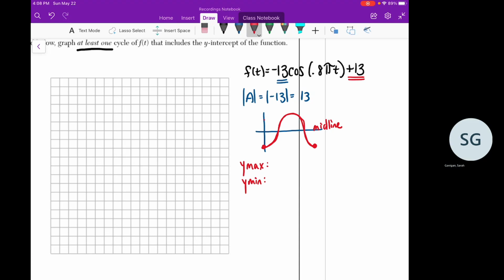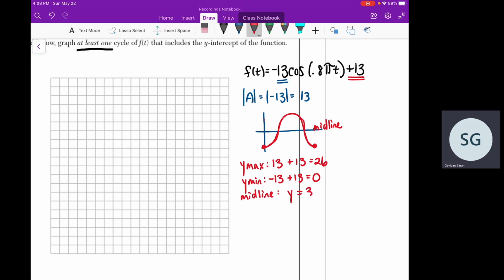It should make sense that your y min is going to be on the ground. So negative 13 plus the midline puts me at 0. Your y max is going to be positive 13 plus 13, so your y max is going to be at 26. And I know my midline is at y equals 13, which is the horizontal line. So I know that this up here is at 26, and this down here is at 0.